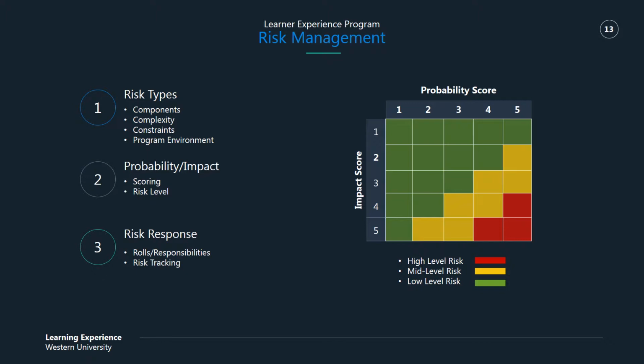Constraint risks are various constraints, so deadlines on internal and then external events such as the calendar events and constraints that are out of our control, like the fiscal calendar. Program environment, those risks are based off of more university culture, current trends, and technology shifts that happen.